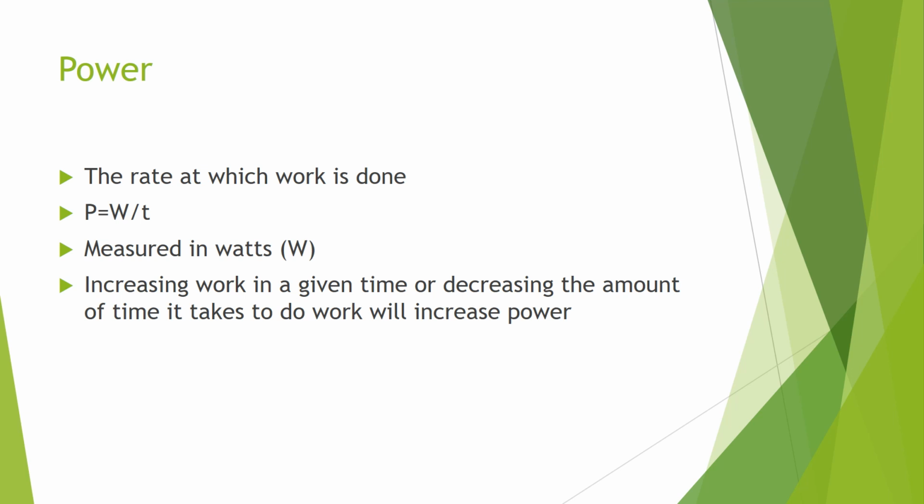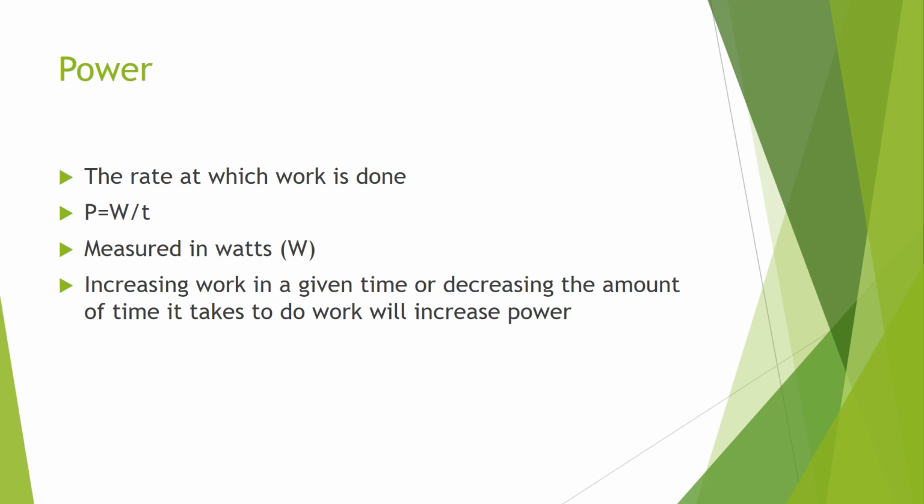So if you increase the amount of work you do in a given time, let's say you do 10 joules of work in 10 seconds, and then you do 20 joules of work in 10 seconds, the 20 joules means you have more power because you're doing more work in the same amount of time.